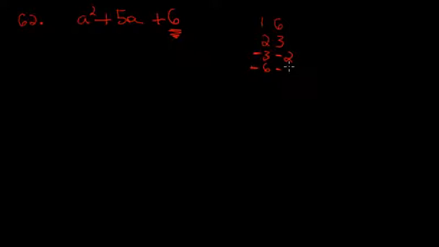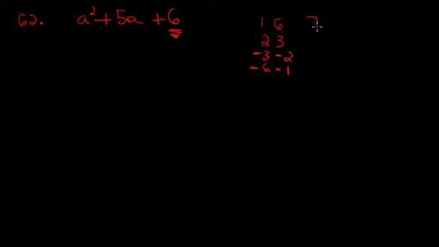which is a squared plus 5a plus 6. So we look at C, and it's a positive 6. Our factors of C are 1, 6, 2, 3, negative 3, negative 2, negative 6, negative 1.